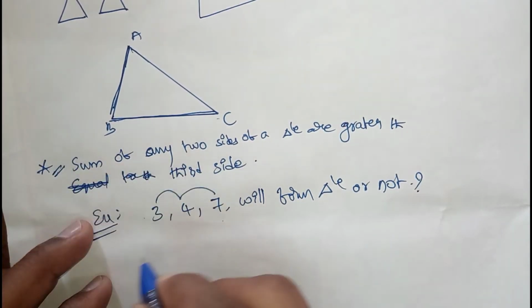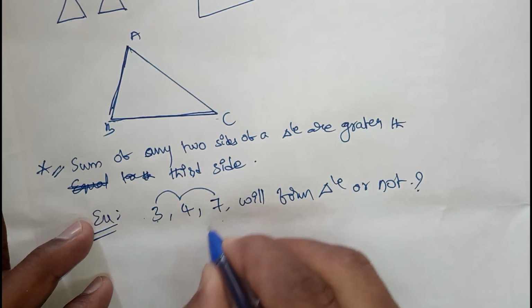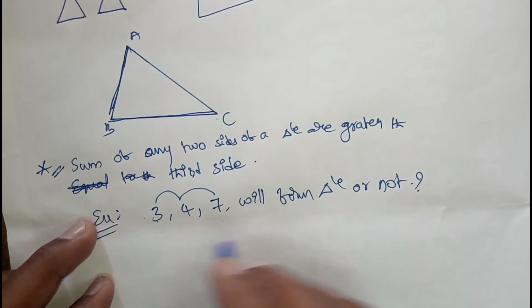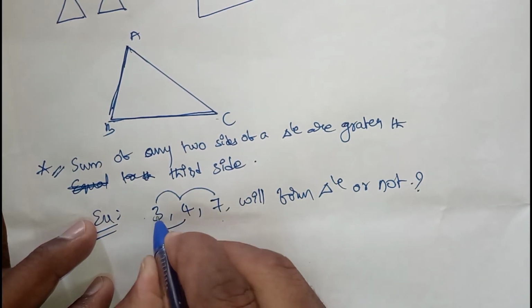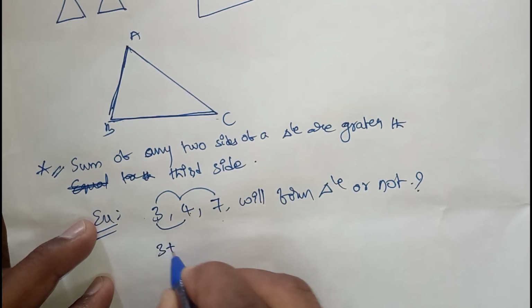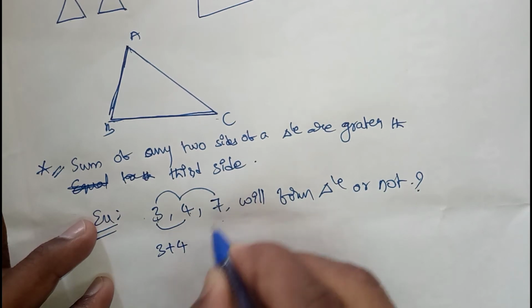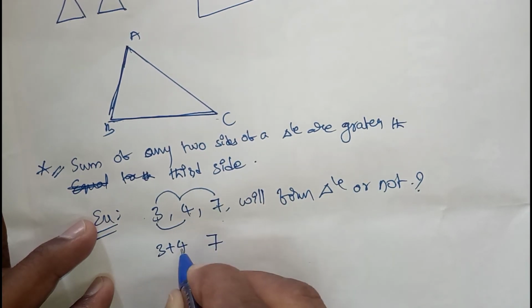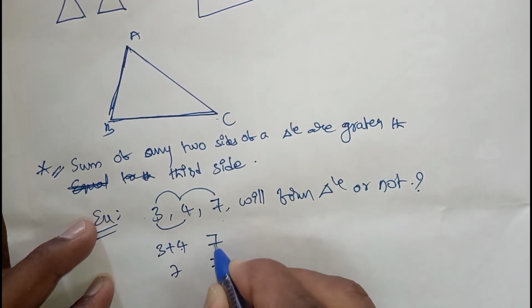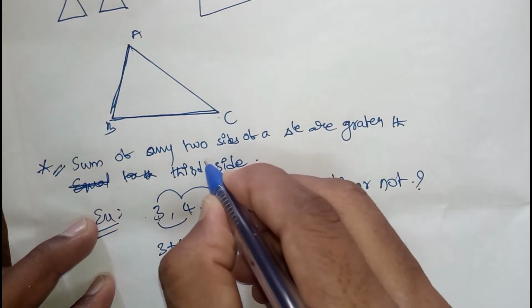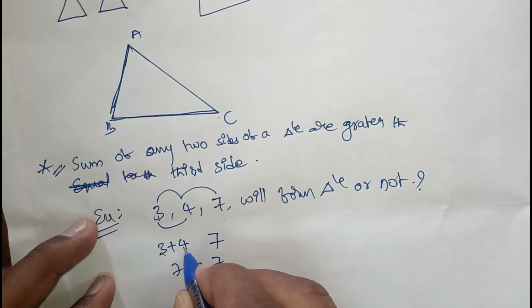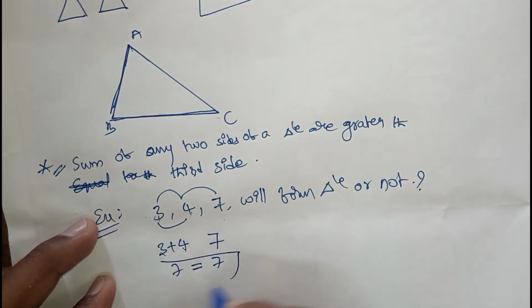This condition will help us to justify it. So take any two sides. Let me take 3 and 4. 3 plus 4, the sum of any two sides should be greater than the third side. The third side is 7. 3 plus 4 is 7, the third side is 7, so these two are equal. We are not getting the sum of two sides greater than the third side.